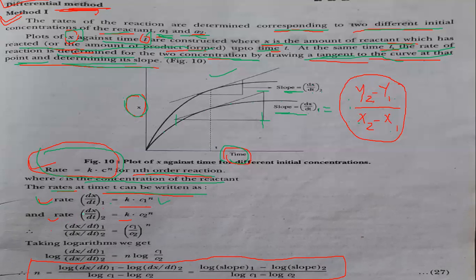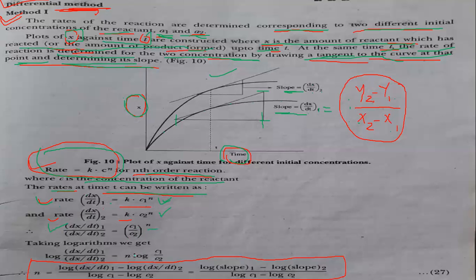For this, dx upon dt 2 is equal to k into c2 raised to n. So these are the rates. Divide equation 1 by equation 2, you will get c1 upon c2 raised to n.